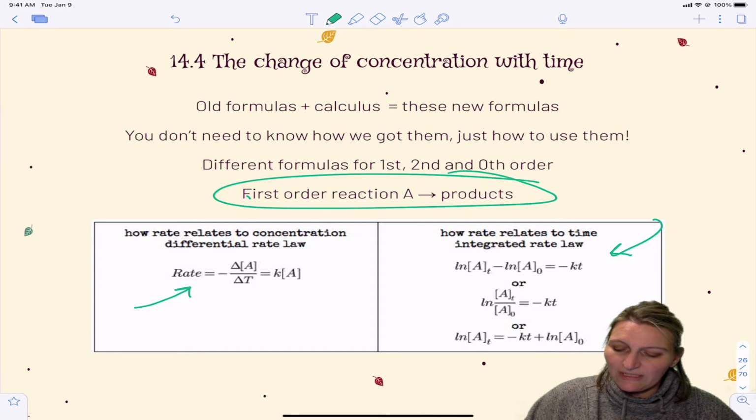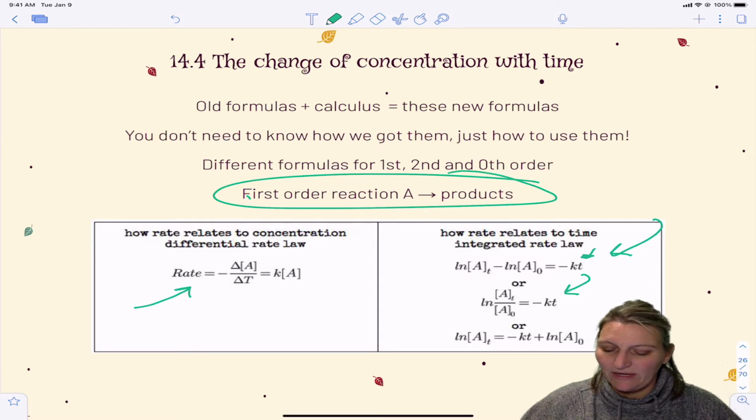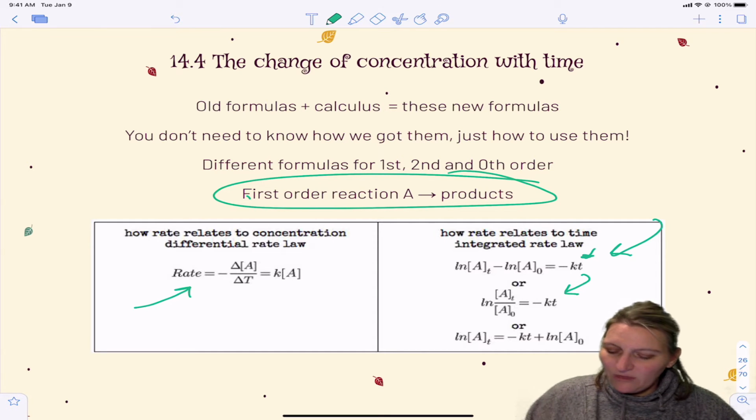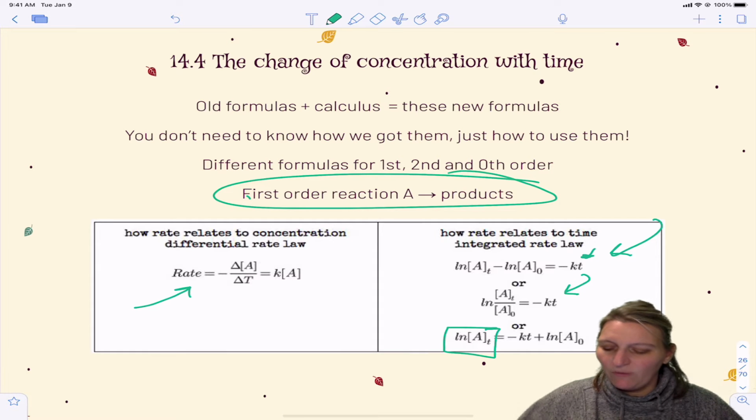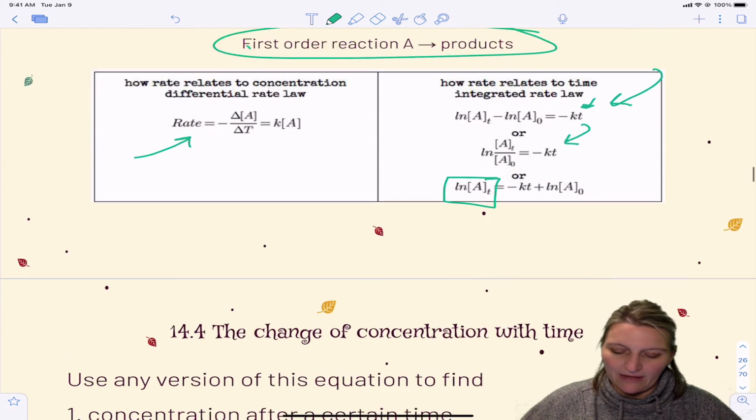If the question is asking us to solve for, let's say, time, how long will it take? I would use maybe that formula or this formula, because time is on just one side. Remember, subtracting logs is like dividing them. And this one I would use especially if it was asking for what is the concentration after 10 minutes or 30 minutes, something like that.